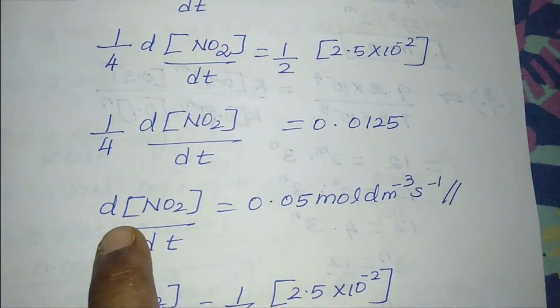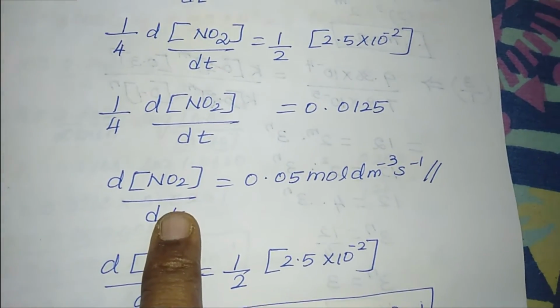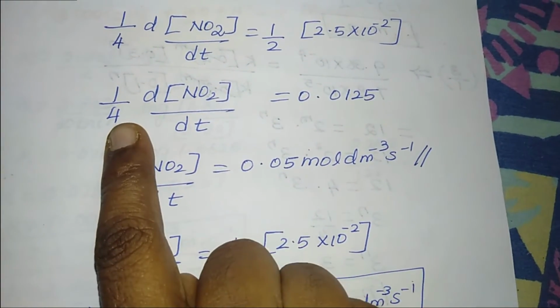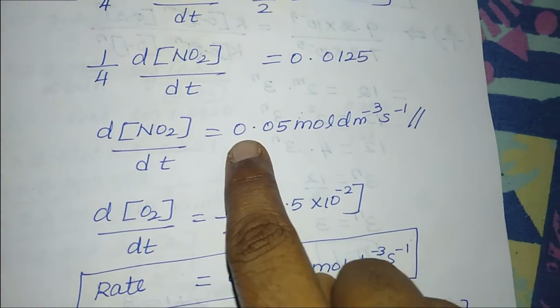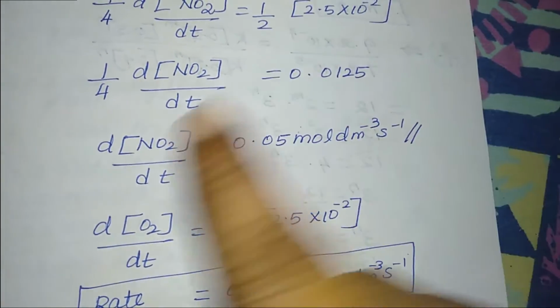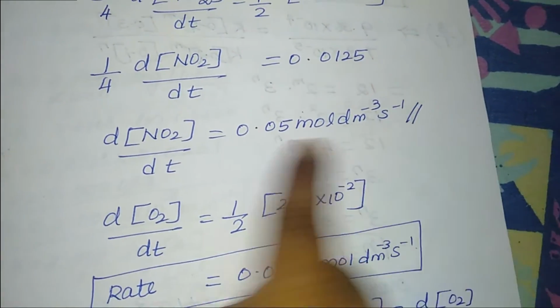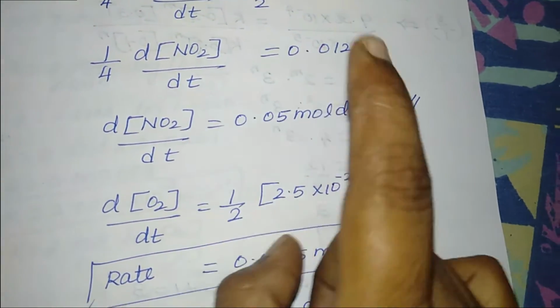So I need only the d concentration of NO2 by dt. So that is multiplied by 4, right? So as I multiply this, you will get 0.05 mole decimeter cube per second. So we have found out the NO2. What the rate for NO2 we have found out.